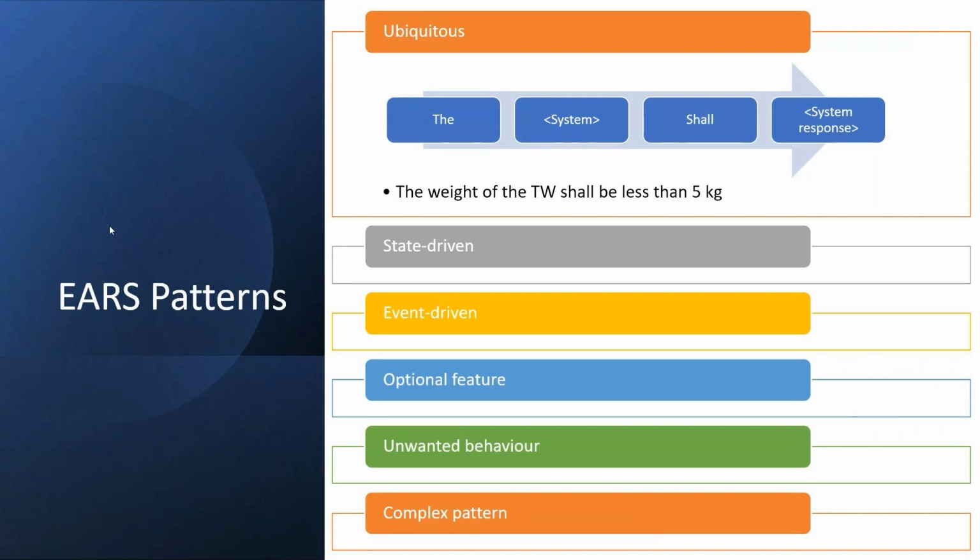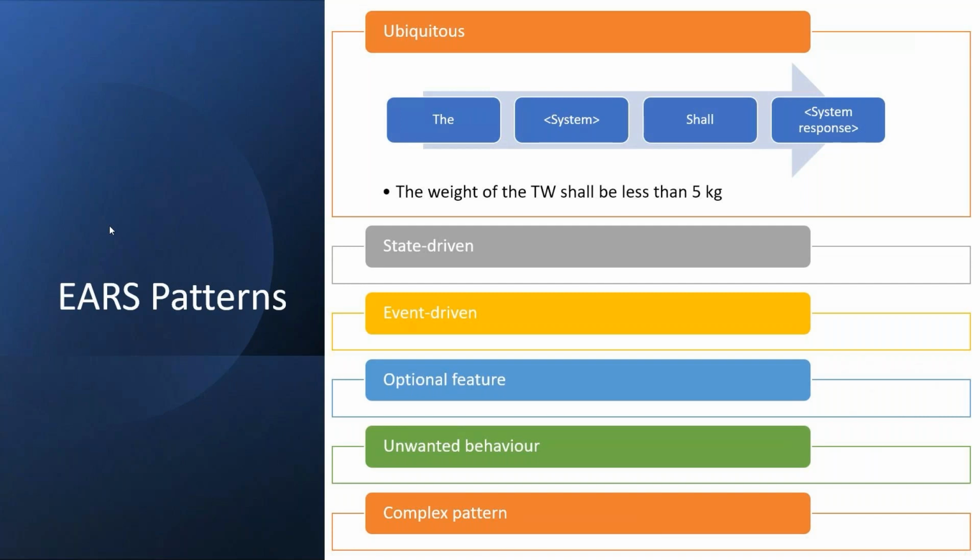I want this constraint to be active all over the lifespan of my system. So not after a specific trigger, not when the system is in a specific mode, but during the full life cycle of my system, I would like it to weigh less than 5 kilos, right? So this is the notion of ubiquitous.